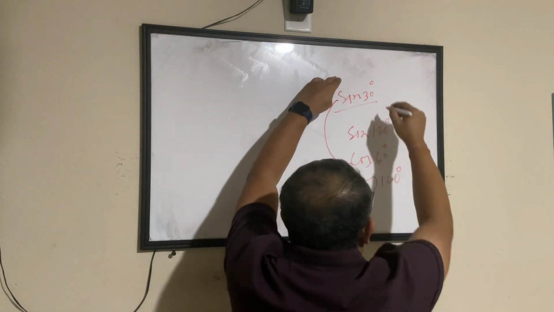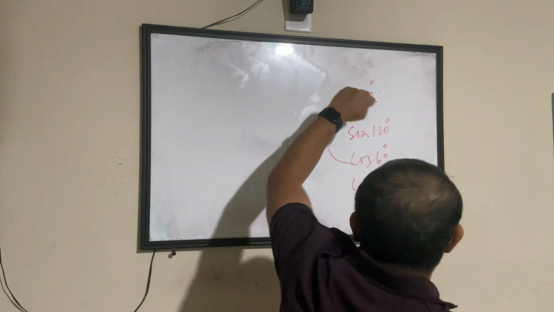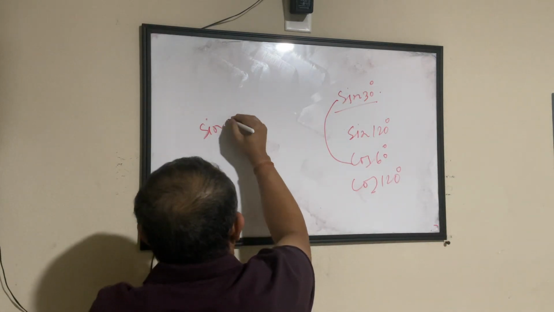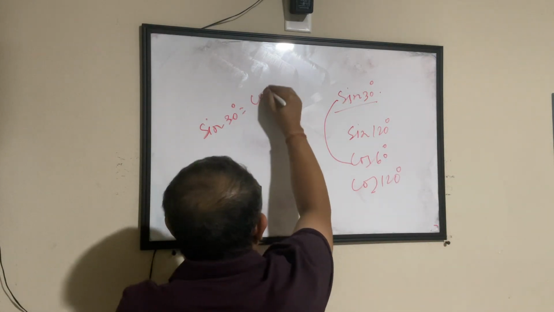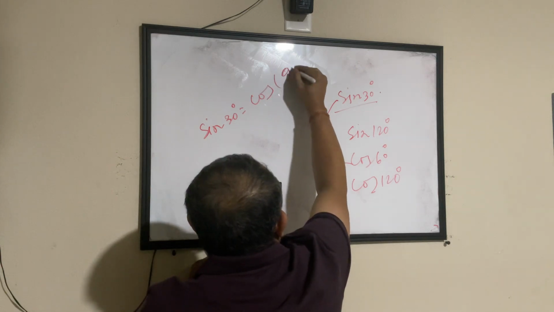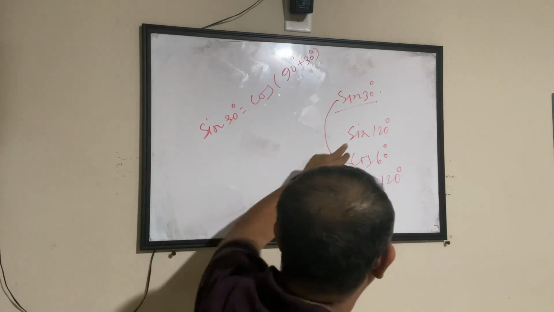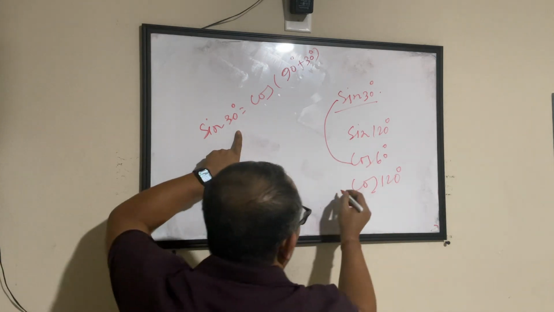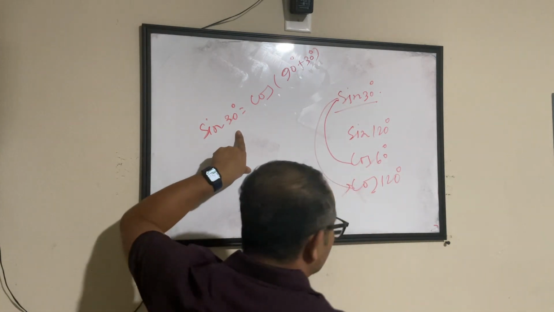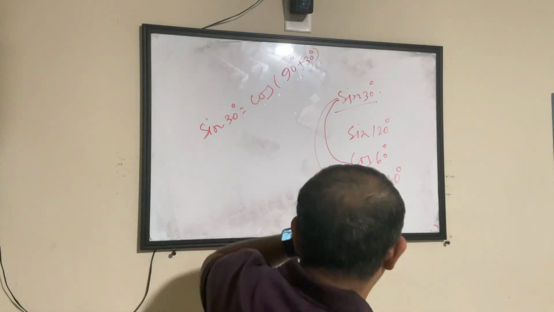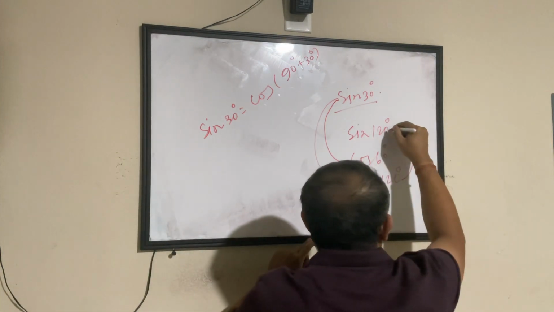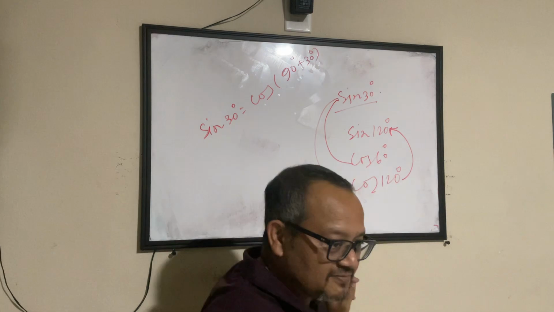Similarly, if I know sine of 30 degree equals cos of 90 degree plus 30 degree, from this I should be able to derive the value of this also. Similarly, if I know the value of this, I should be able to go back to the value of this as well.